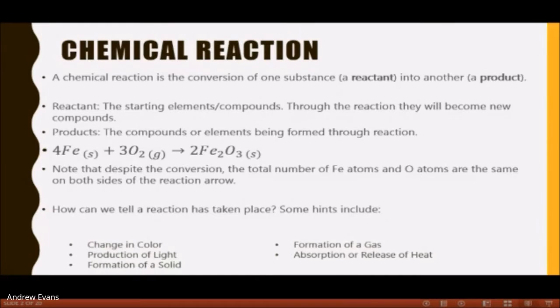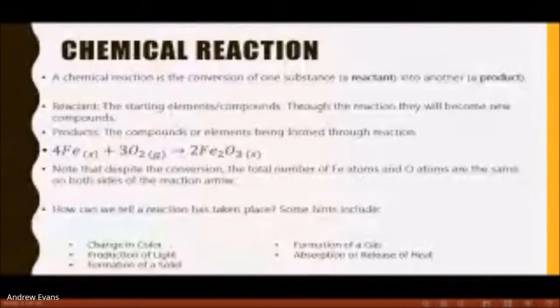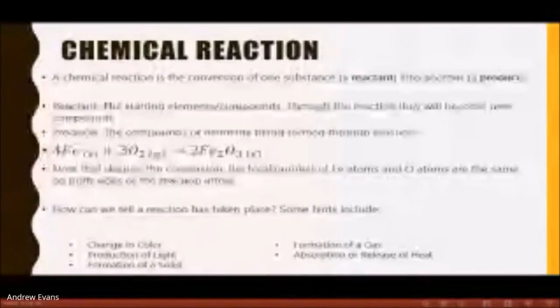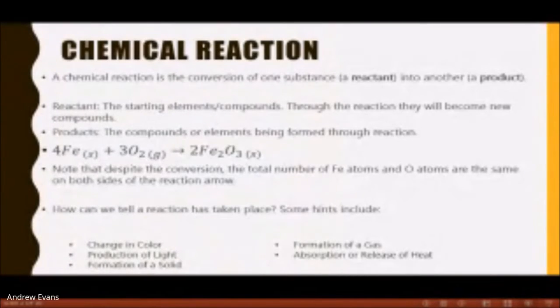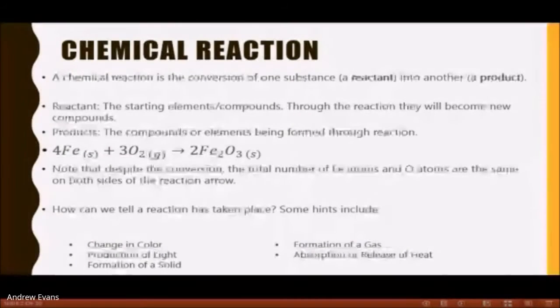If you take Chemistry 2, we will get more into what is called a reversible reaction, where you often have an arrow that points left to right, followed by an arrow that points right to left, saying that depending on which way you look at this, reactant could be product or product could be reactant.